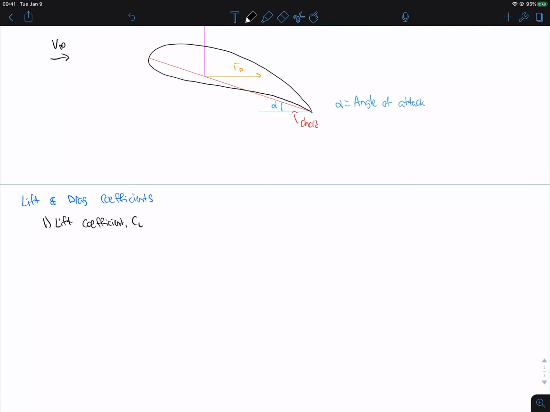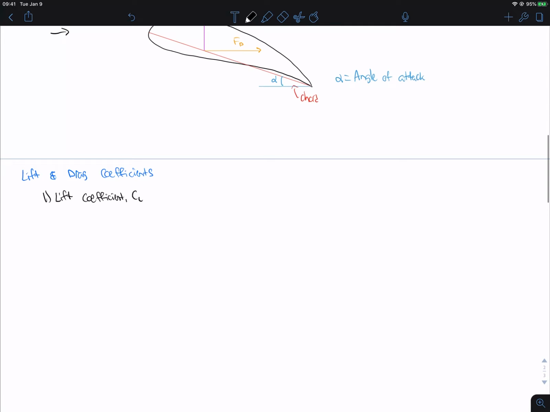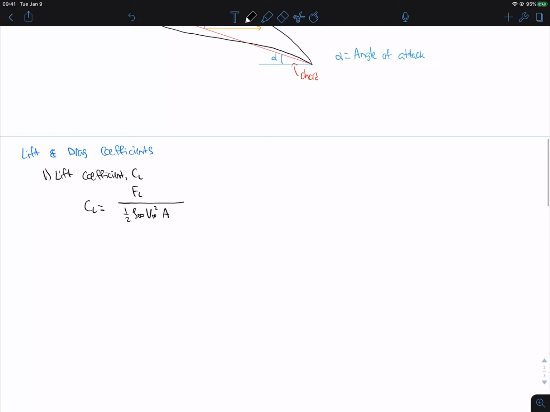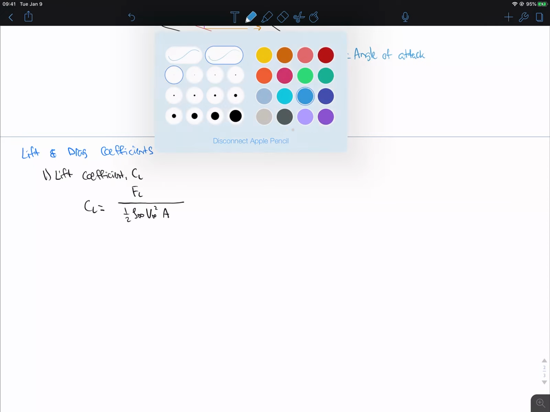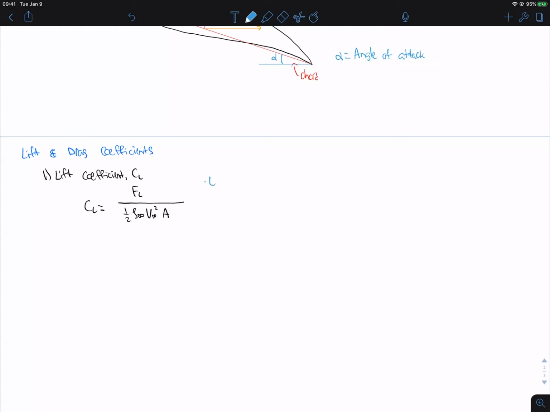Okay, so our lift coefficient, that's going to be C sub L, or CL. And we'll write this out as CL is equal to our lift divided by 1/2 rho infinity V infinity squared times A. So F_L, that's going to be the lift, or the lift force.